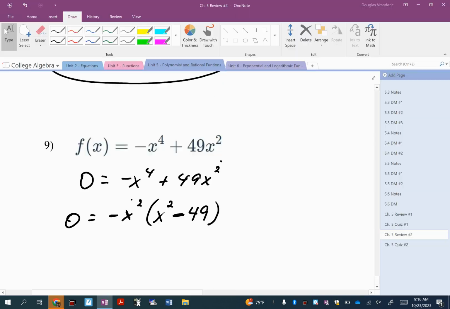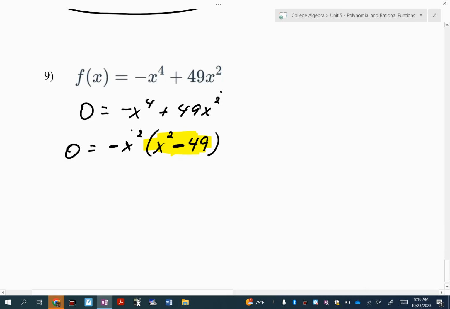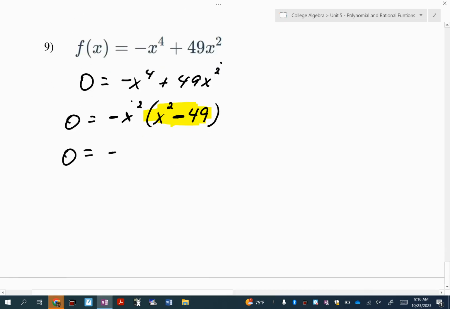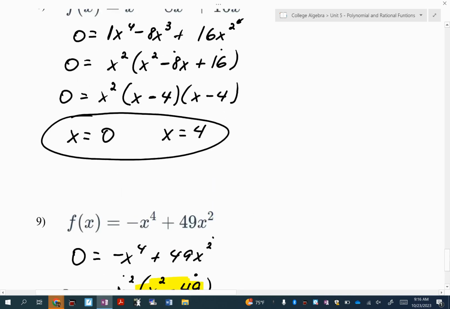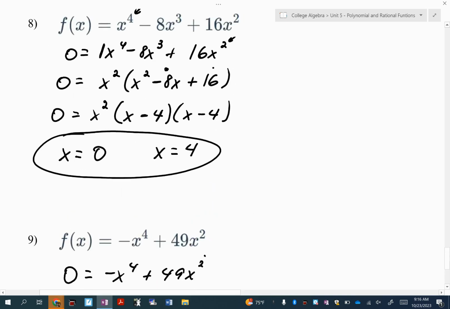And I know it's been a while since you've done this in Algebra 2, but I need your brain to know that this is a special case. It's called the difference of two squares like we had a few questions ago. Right? If you're having trouble with that, you can always just ask yourself, what are two numbers that multiply to give you negative 49, but add to give you 0? Right, on number 8, this said negative 8x.